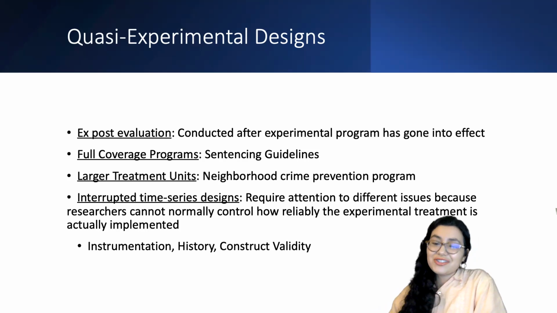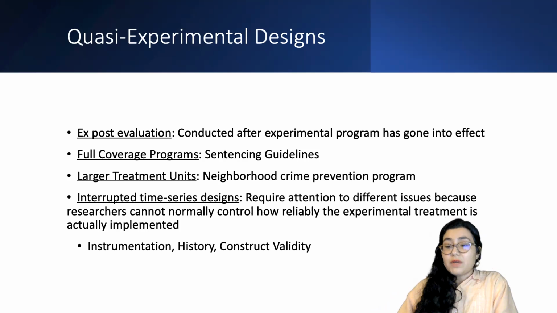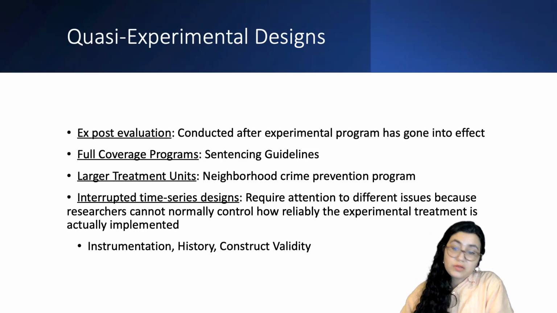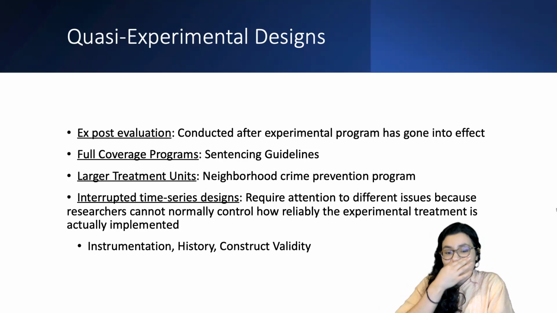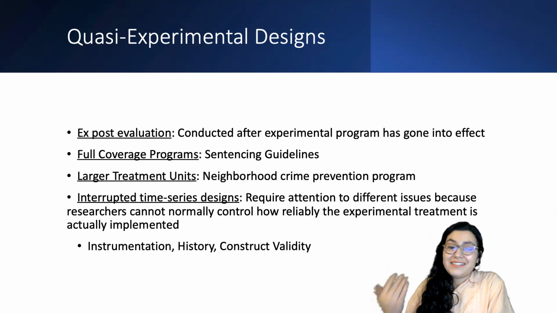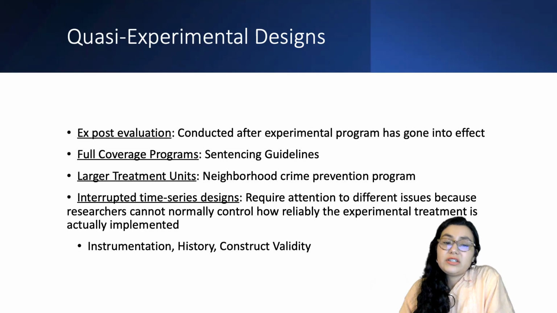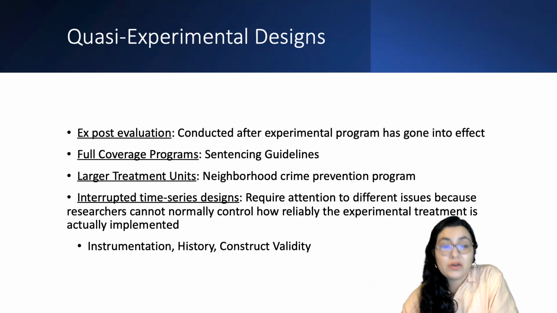So our treatment actually isn't consistent across our control and experimental groups. The experimental group may be getting a variation in the treatment. Interrupted time series designs can be good for that, but history is an issue because there might just be general trends of increasing, and construct validity is also an issue.